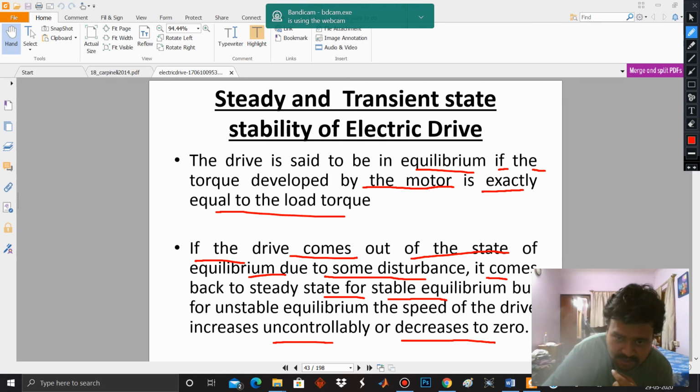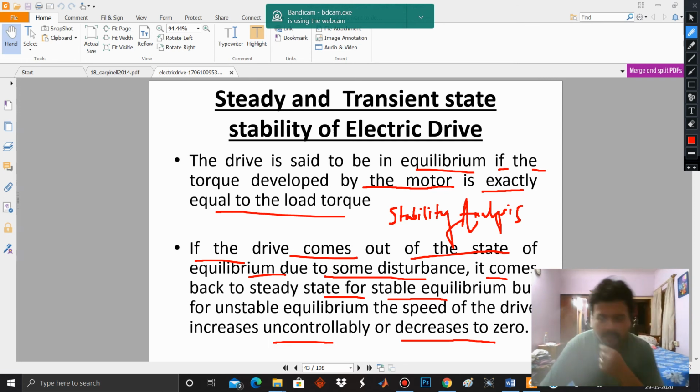So stability analysis during any disturbance is very important. From the fundamental load torque equation, and graphically, we have to analyze the stability of the system, that means the motor load system.